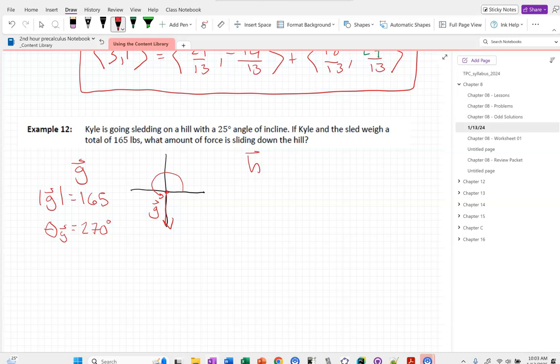Does that feel okay so far? Okay. So to write my gravity vector into component form, I'll do magnitude times cosine of the direction, comma, magnitude times sine of the direction. I get (0, -165). It's a different color here.